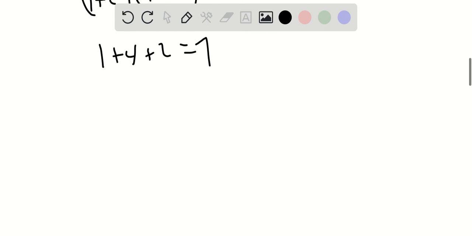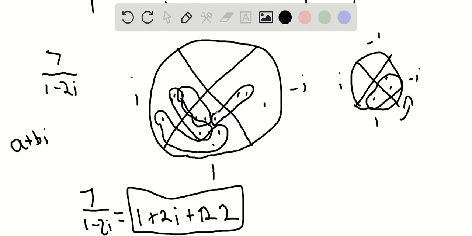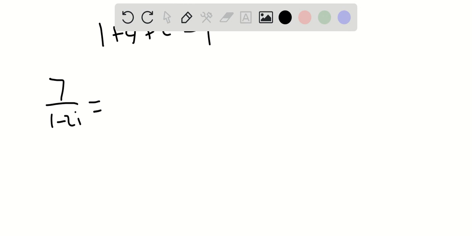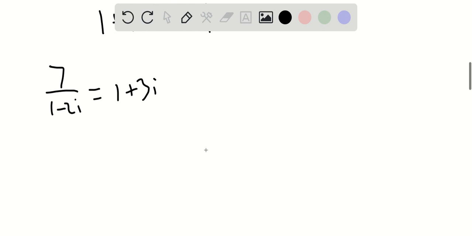So what is the answer now? Well, it looks like, again, we're doing 7 divided by 1 minus 2i, and now this is equal to, again, we still only have the 1 group at the 1's level, but now I have 3 groups at the i's level. So this is equal to 1 plus 3i, but now I have 1 left over in our negative i's box.